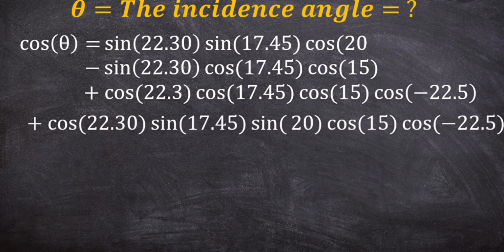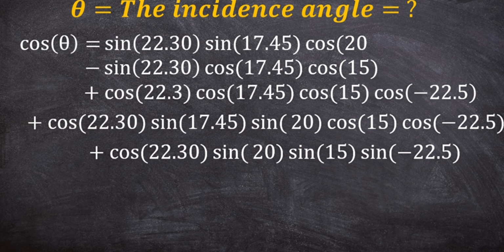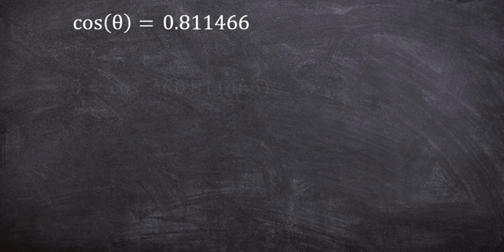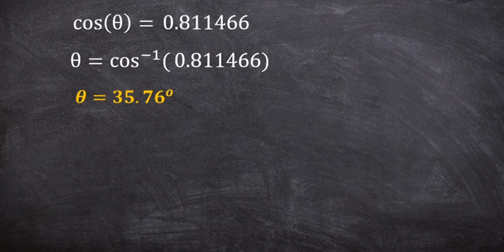By punching in all these values in a calculator, we got 0.811466. Calculating our angle, it will be the second function of cos, or cos inverse of 0.811466, and we got 35.76 degrees.